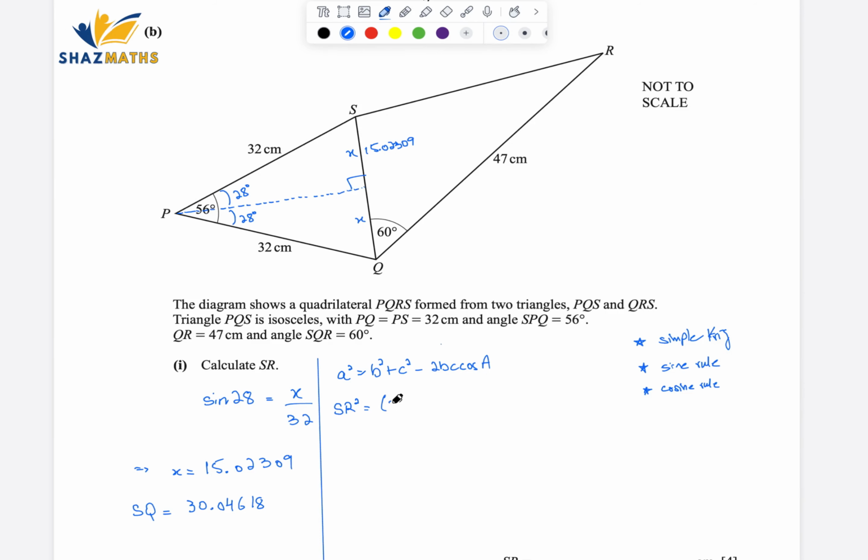So it would be 30.04618 square plus 47 square minus 2 times 30.04618 times 47 times cos of 60.